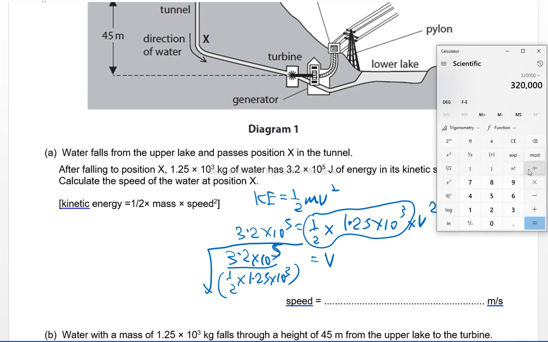That has to be divided by 1.25 into 10 to the power 3 into half, right? Okay, half is 1 divided by 2.